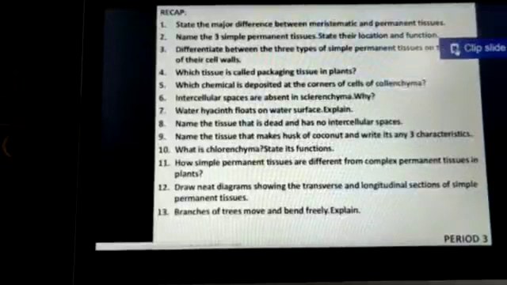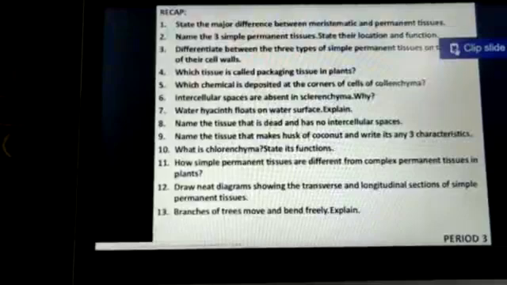Meristematic tissues subdivide into LE: apical, lateral and intercalary. Permanent tissues again subdivide into two, simple permanent tissues and complex permanent tissues. Simple permanent tissues, parenchyma, collenchyma, sclerenchyma, help in storage, mechanical strength and support. Whereas complex permanent tissues, xylem and phloem, help in supplying water and minerals.